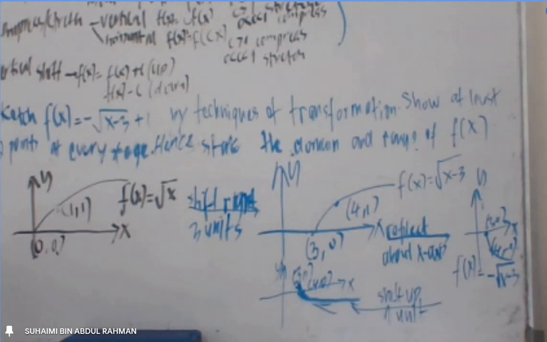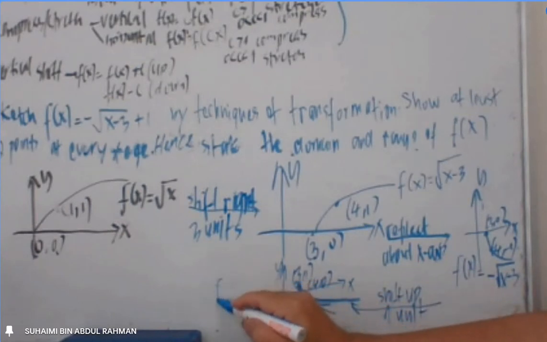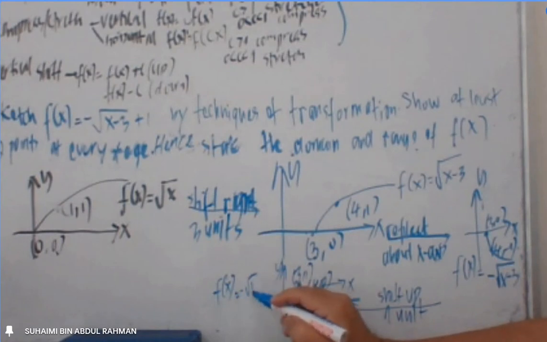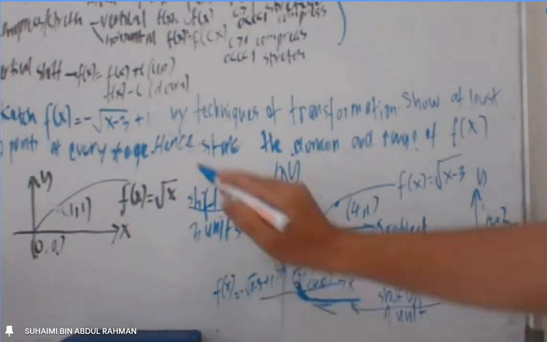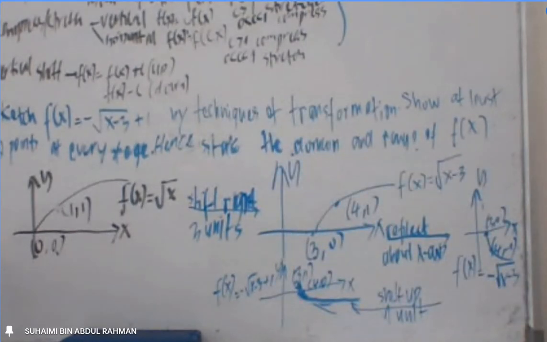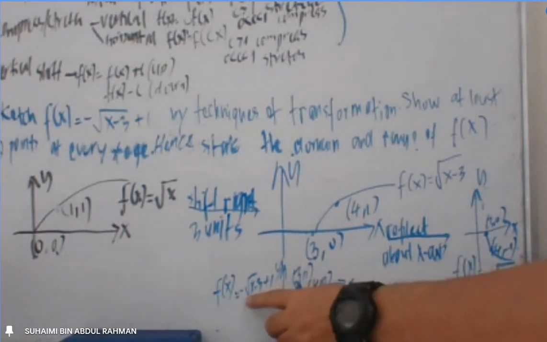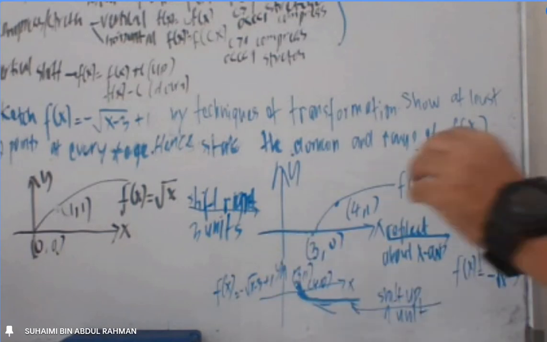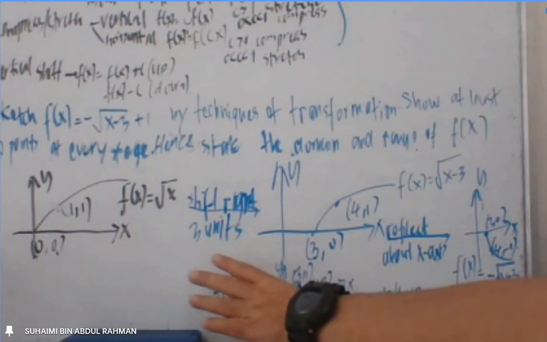You get it? And the last function here is minus square root of x minus 3 plus 1. So this is the function that we want to sketch.